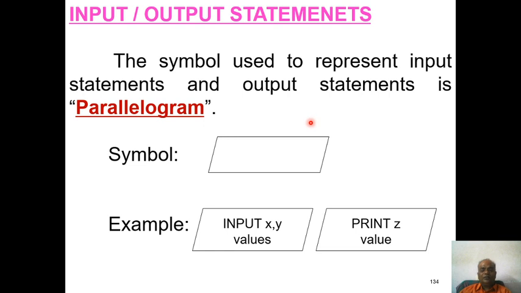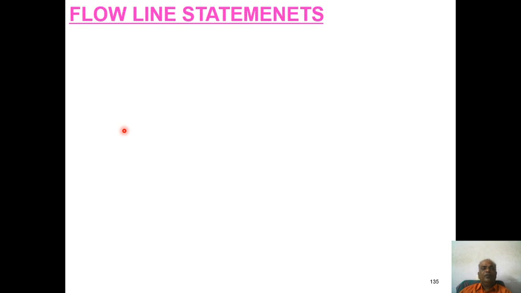So start and stop use the oval, and input/output statements use the parallelogram.